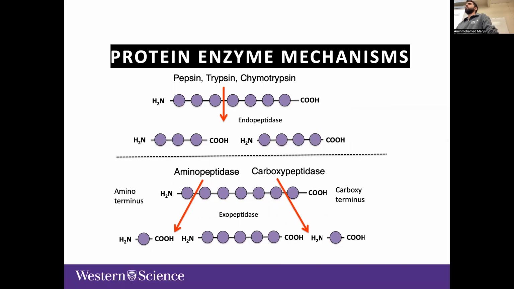Remember, gastric pepsin, like pepsinogen, is coming from those chief cells as we talked about earlier. And then you also have help from the pancreas: trypsin, chymotrypsin, and carboxypeptidase. You also have from the small intestine aminopeptidase, which is a brush border enzyme, and dipeptidase, which is not shown here, also a brush border enzyme. It's going to cut up dipeptides.